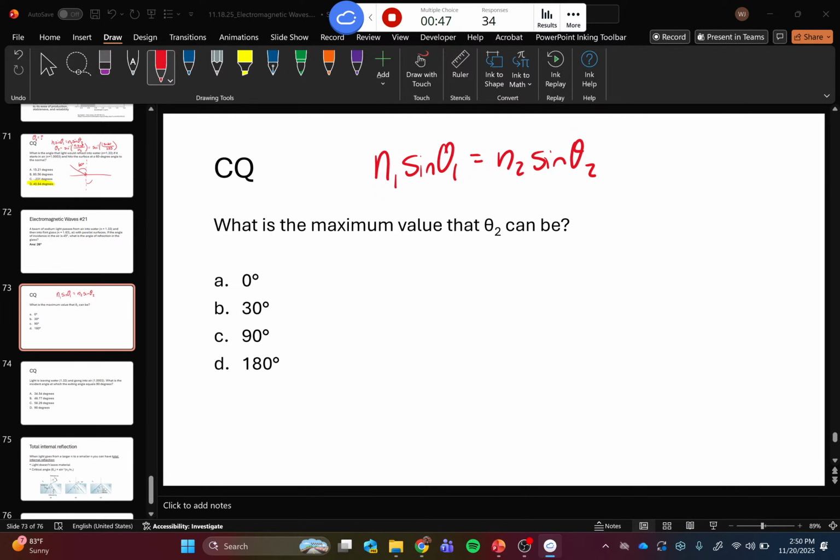I think if n1 and n2 are both 1, it's not good. I can't take the inverse sine, so those are only defined for certain values. What do y'all think?